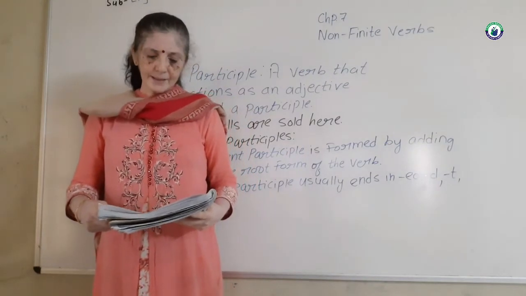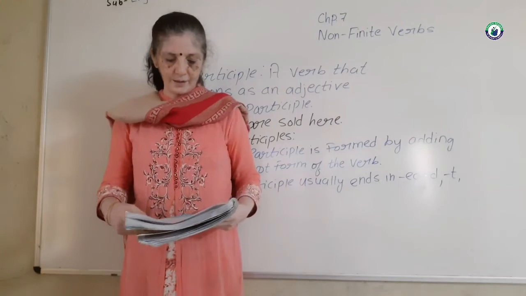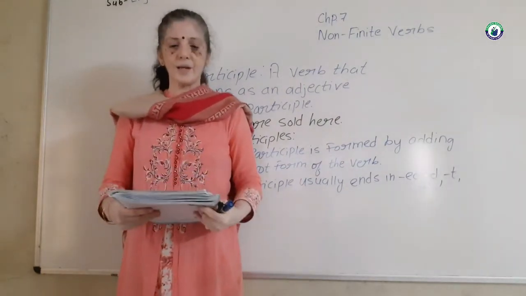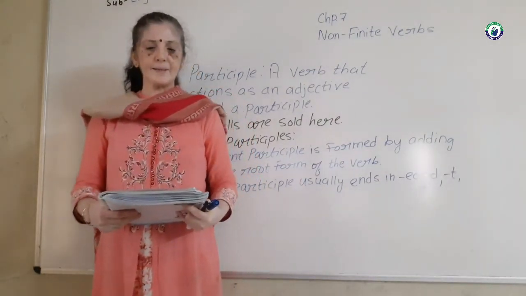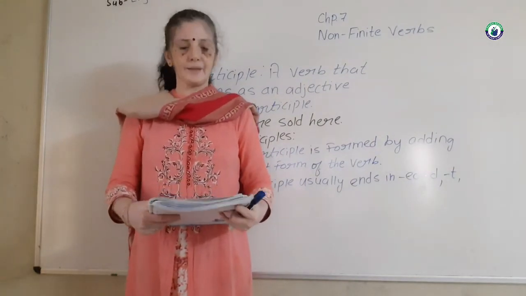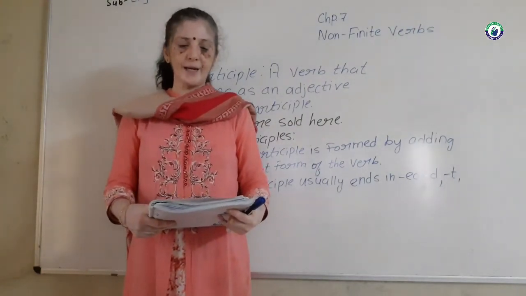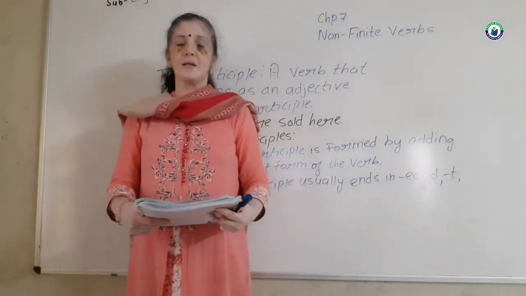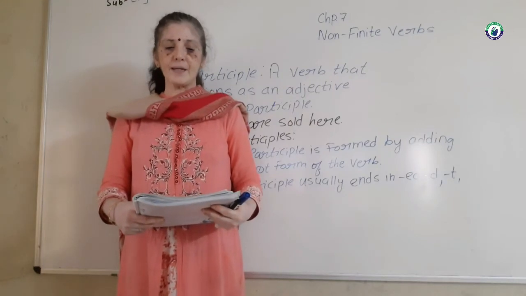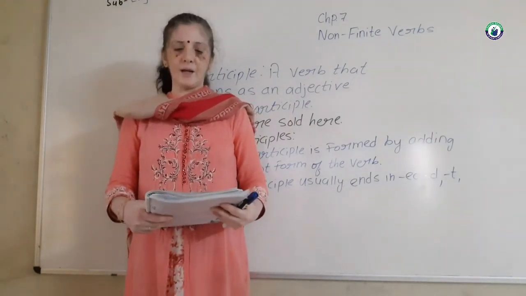Now see here, the present participle describes an incomplete action or state. The present participle is in active form. The dancing dolls, that is active form. Now what is a past participle? For example, wounded, painted. Here the past participle usually ends in ed, d, t, en or n.